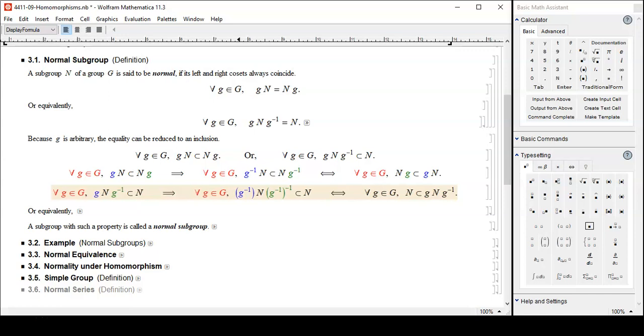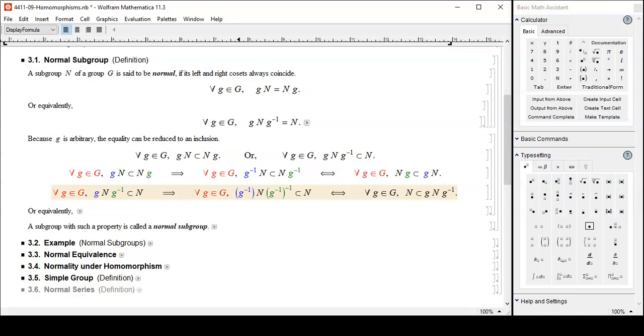Is it necessary to specify arbitrary g inverse? No, you don't have to, because if you want arbitrary g inverse, you can always start from g to get there, and vice versa. So taking arbitrary g inverse versus taking arbitrary g makes no difference.